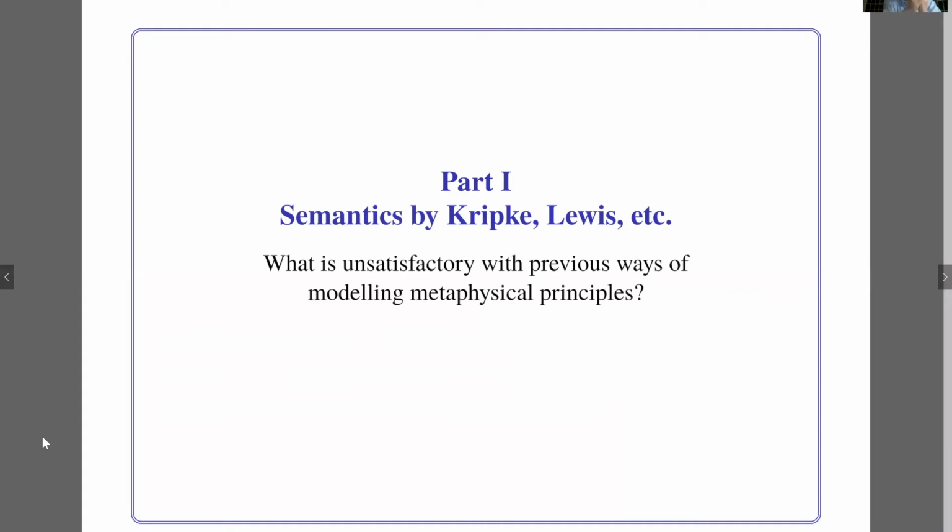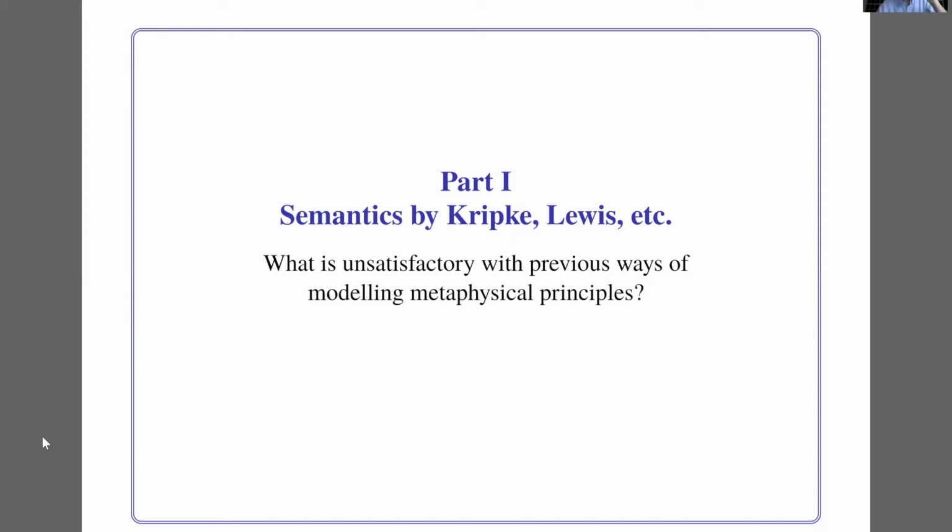Yeah. So let me give a brief review of the previous approaches by Kripke and counterpart theorists and so on, and I will explain a little bit more what is unsatisfactory with those previous approaches. I'm not saying that they are philosophically incorrect. That's an important point.